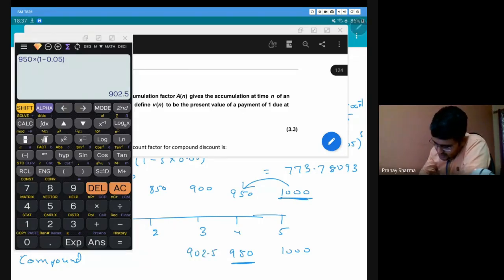Then next year I will have discounting of 5% on this 902.5. So I'll say this into 0.95, that would be 857.375.